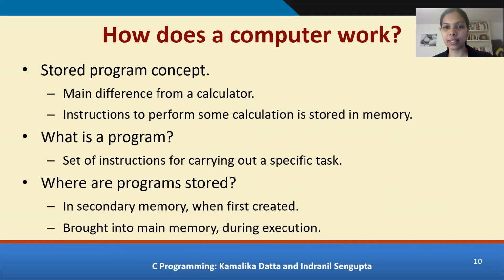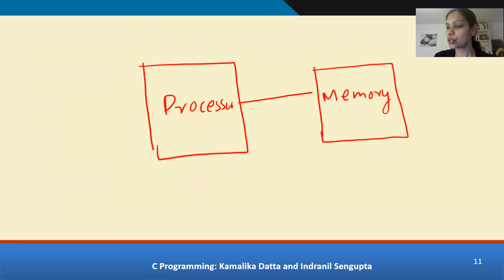If you see what is said here, instructions to perform some calculation are stored in memory. So whatever you are going to process in the processor must be stored in memory, in the form of some instructions: instruction 1, instruction 2, and so on.